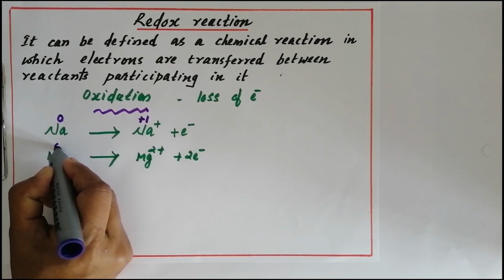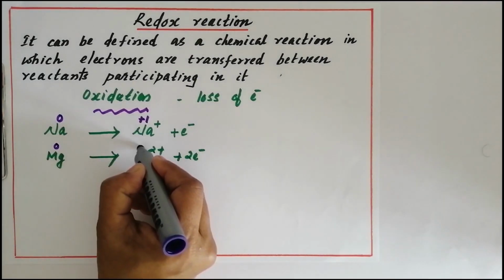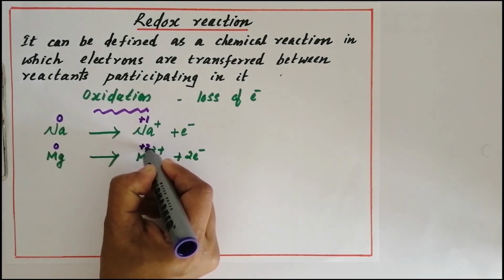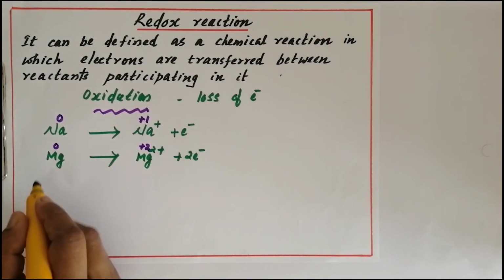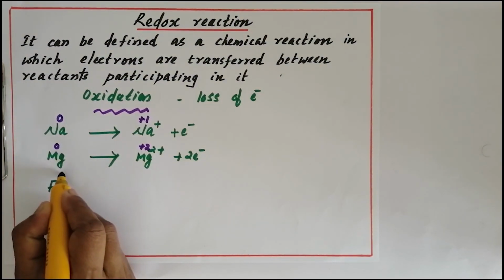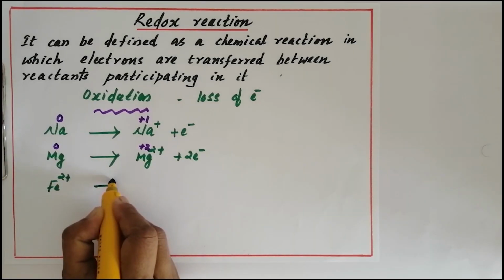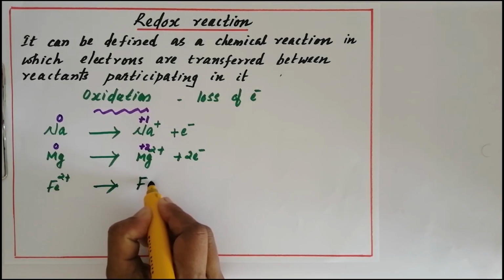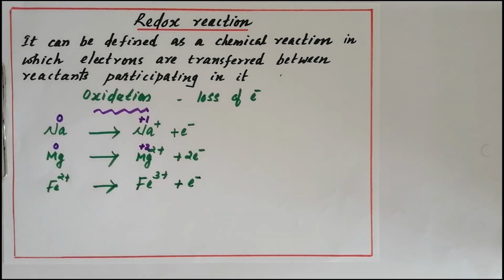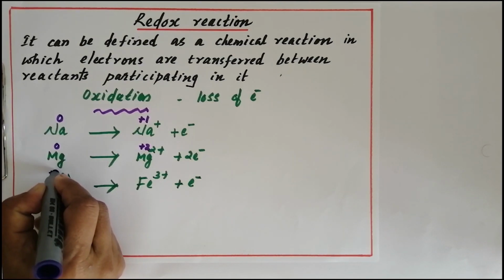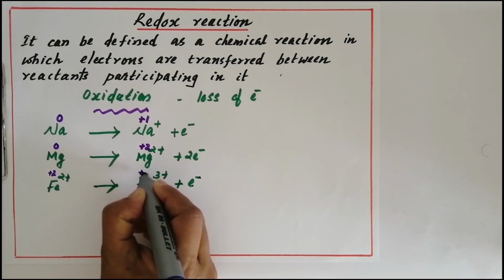So 0 is the oxidation state of magnesium and +2 is the oxidation state of magnesium in Mg2+. And the third example is Fe2+ oxidized to Fe3+ by losing 1 electron. So the oxidation state is +2, oxidation state is +3.